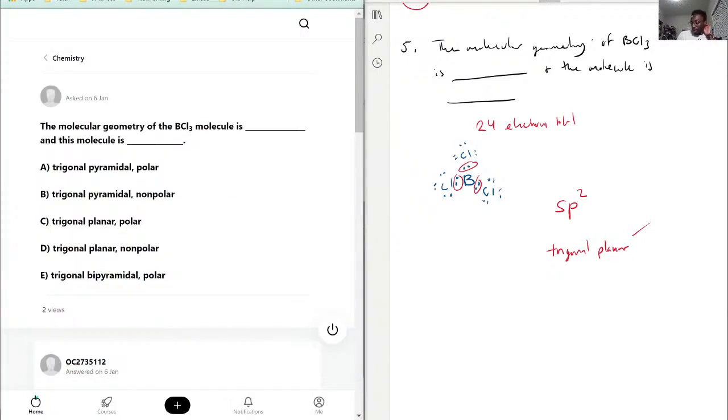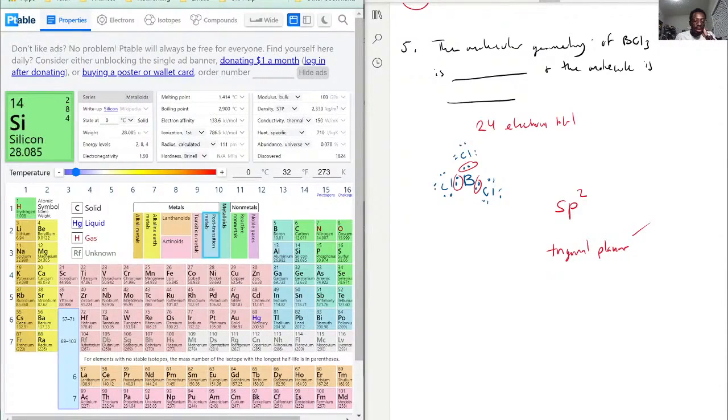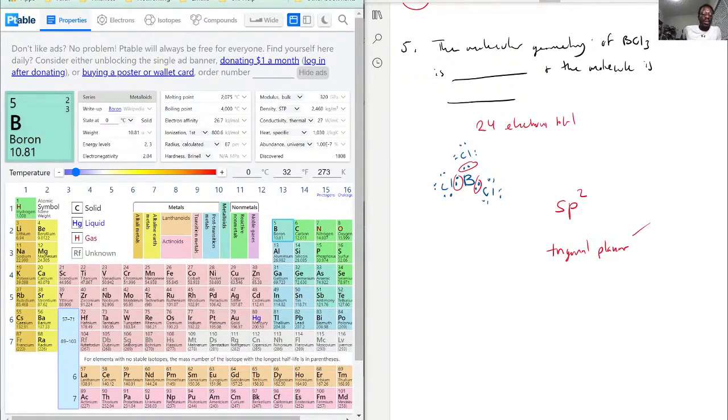And now, for that being said, we were able to cover that part. Now, whether it's polar or not, let's see. What is the electronegativity difference between chlorine and boron? So the electronegativity of chlorine is 3.16 and boron is 2.04. So without even doing the math, I can say for sure that it is going to be a polar bond. I mean, not molecule, polar bond, actually.